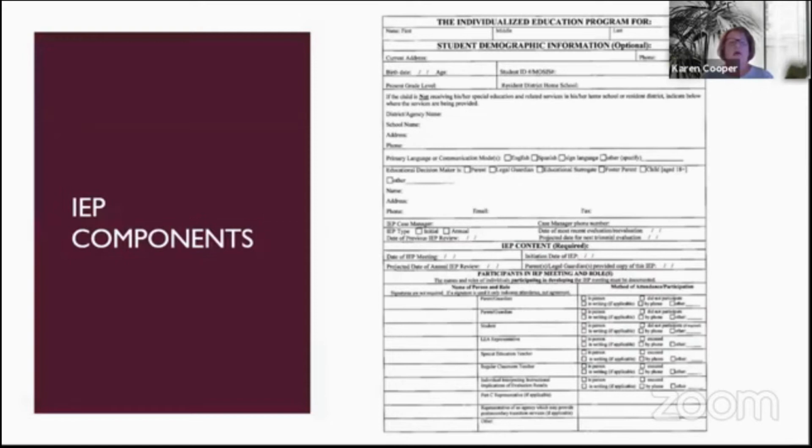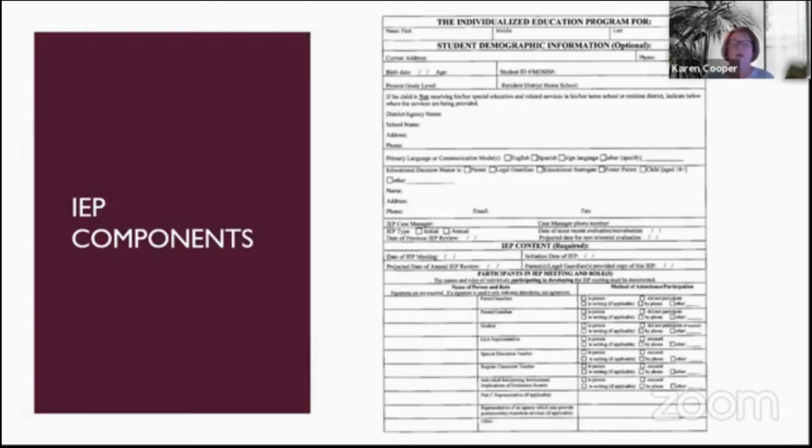So I'm going to go over the components of the IEP, and I'm going to be giving you examples as we go through each of the components of the type of information that goes in there and why that information is important, or how we use that information. I will be referring to DESE's template for the IEP.